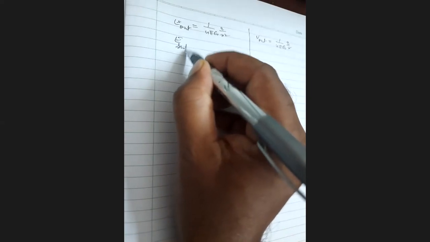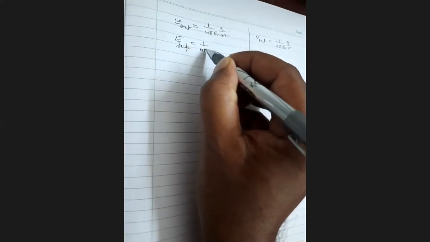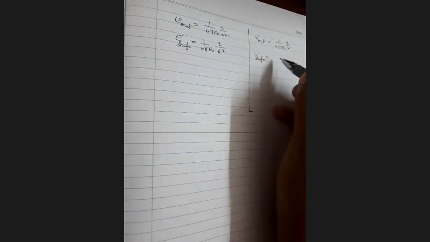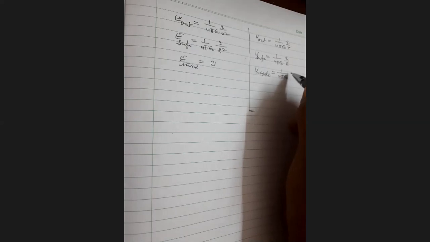The field strength on the surface, where small r is replaced by capital R, is 1 by 4 pi epsilon naught Q by R square, and the potential on the surface is 1 by 4 pi epsilon naught Q by capital R. The field strength inside the sphere at any point equals 0, because there is no charge inside the conducting sphere. But the potential inside the conducting sphere at any point is the same, equal to 1 by 4 pi epsilon naught Q by R.